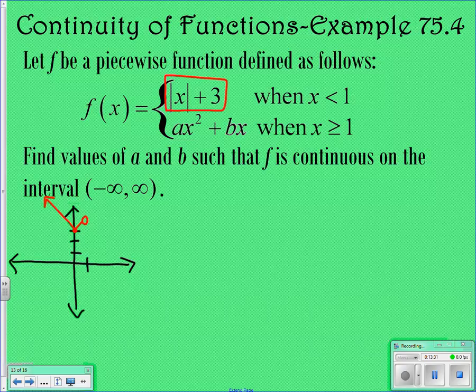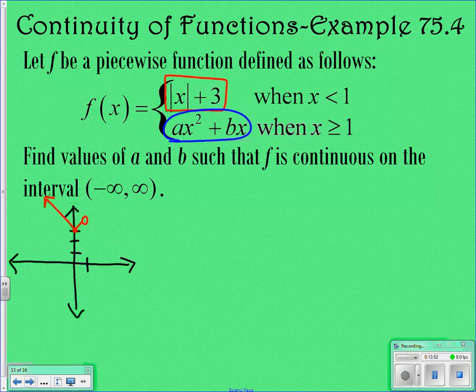Now looking at this next part, ax squared plus bx. That's the graph of a parabola. All we know is that it's a parabola, and it's only whenever x is greater than or equal to 1. Now, I don't know if it opens up or down because I don't know what the value of a is.